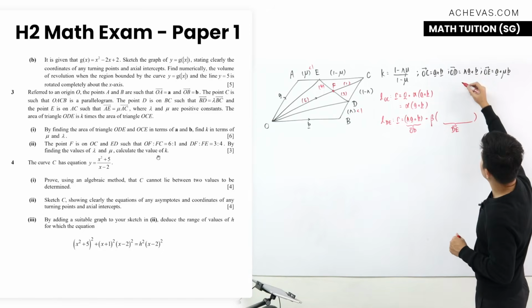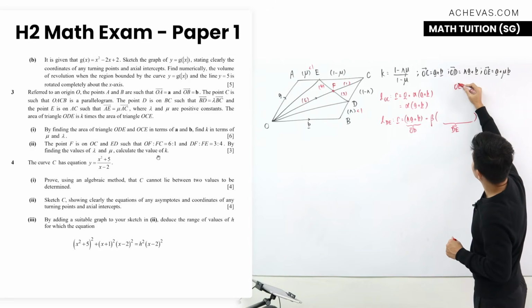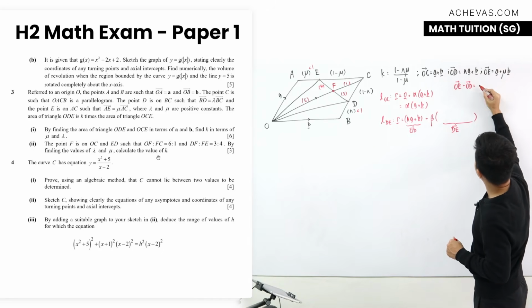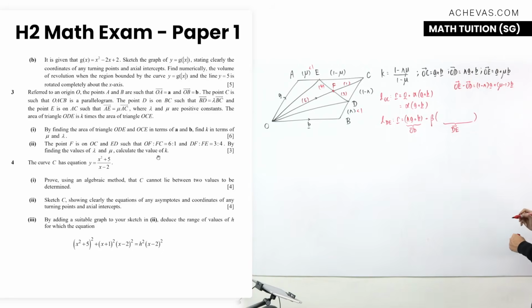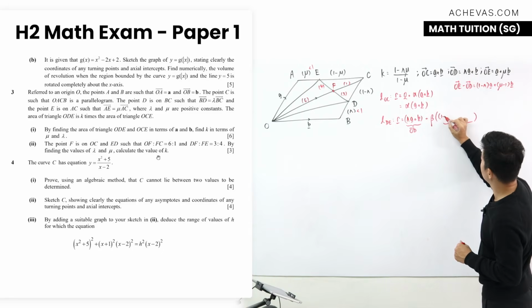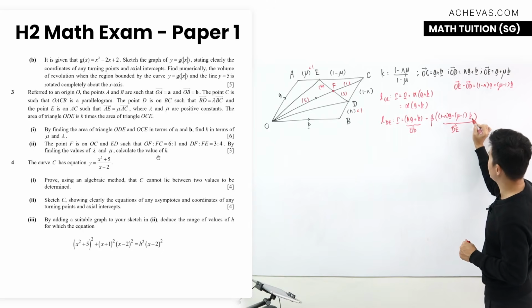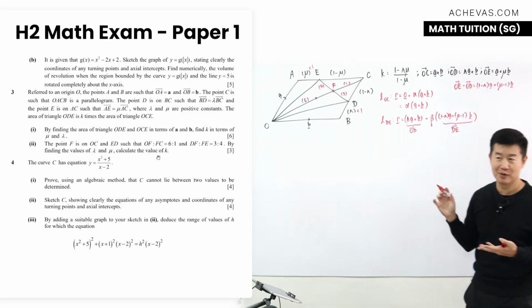So for DE, it is going to be OE minus OD. So it will be this minus this. We will have 1 minus lambda of A plus mu minus 1 of B. Okay, so here I'm going to write it 1 minus lambda of A plus mu minus 1 of B. Can you see the disaster that is boiling already?